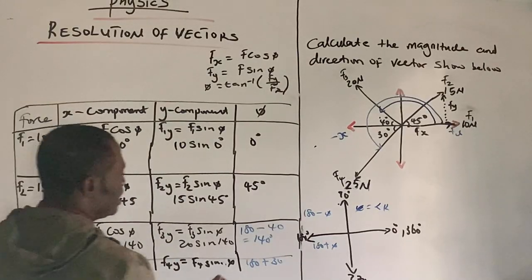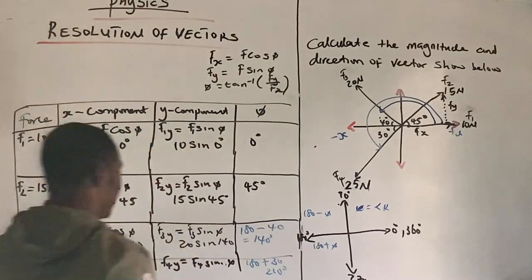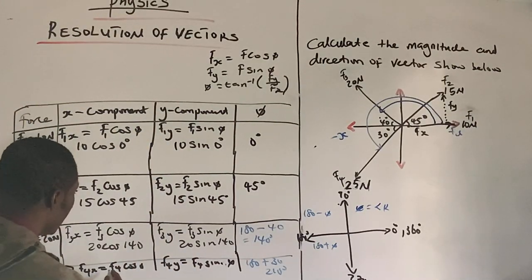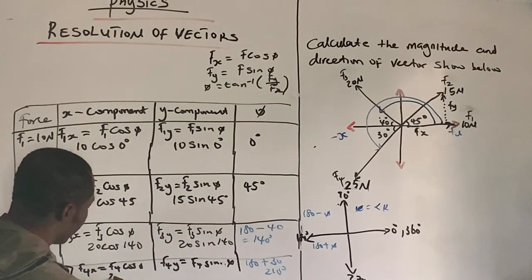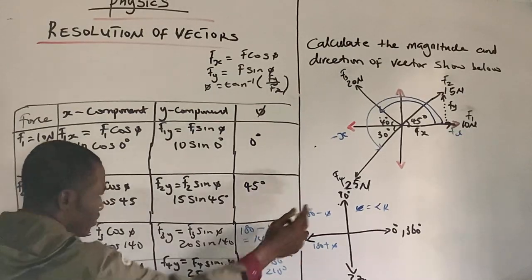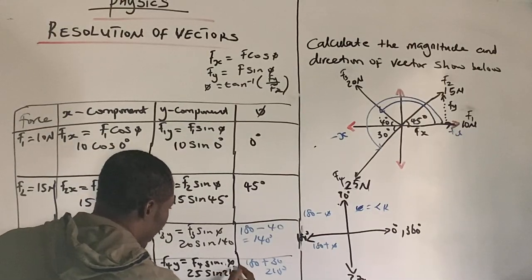This is 210. All right? So what I'm going to be doing now is that just let's manage the board. We're going to be putting now 25 cos 210, and then 25, which is still my fourth Newton, sine 210 degrees.